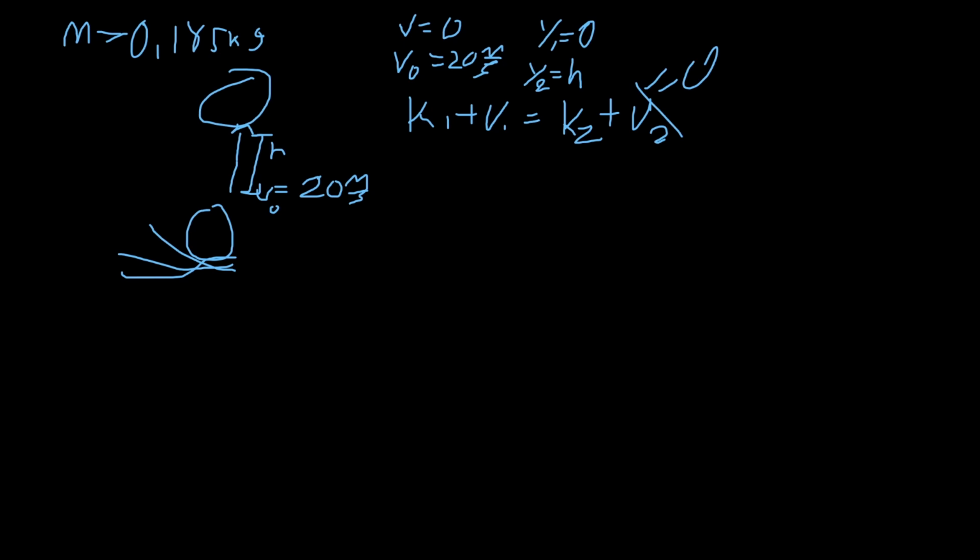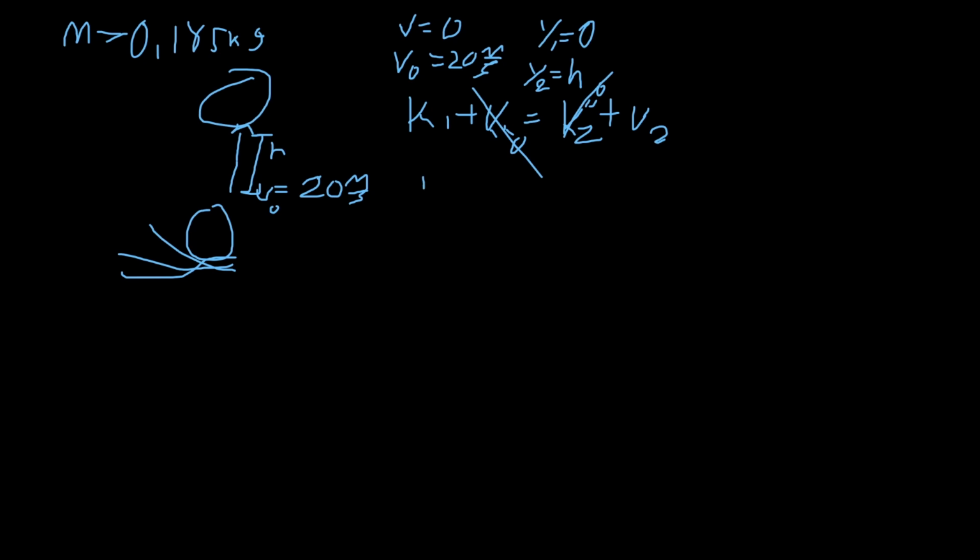And we know that the initial position is 0, so its potential energy there is 0. And that just leaves us, the final potential energy is non-zero. The final kinetic energy is 0. So we know that's correct.